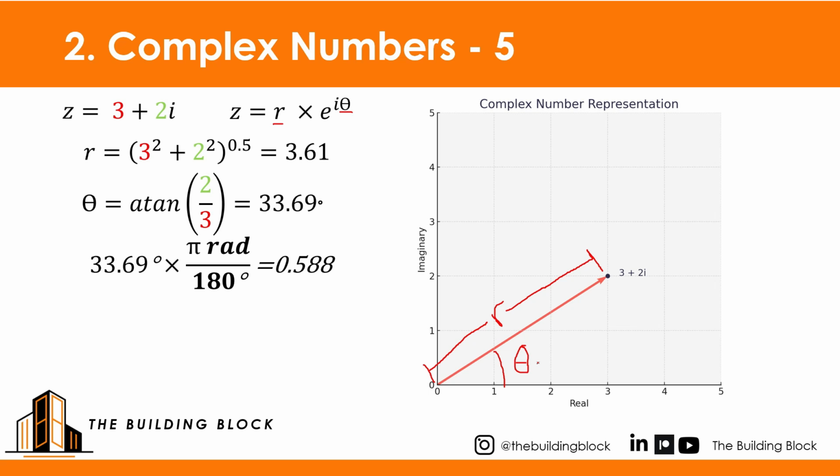That's approximately equal to 0.588 radians. So the polar form of our complex number is 3.61 times e to the power of 0.588i.